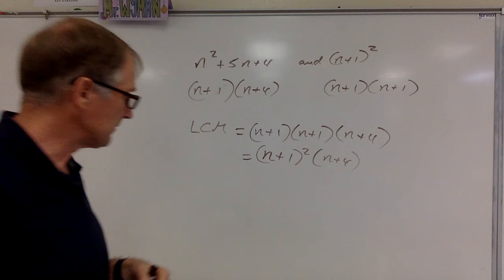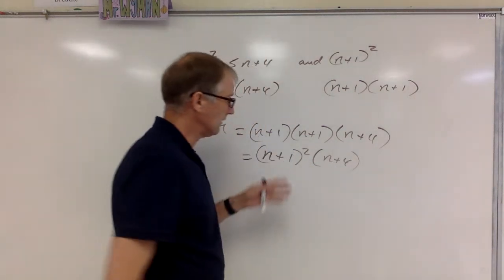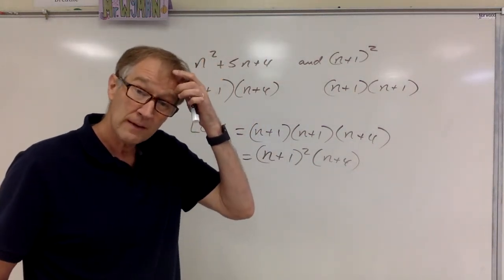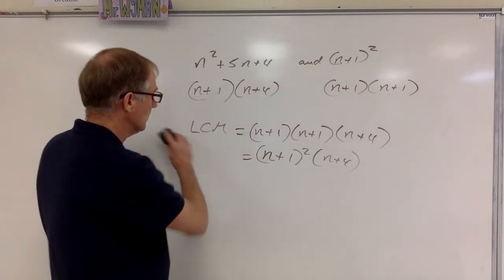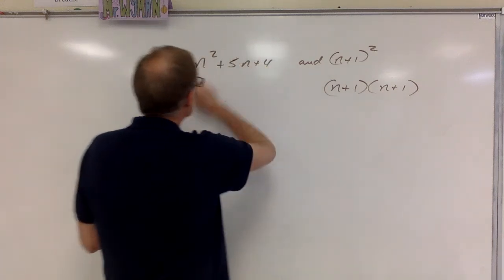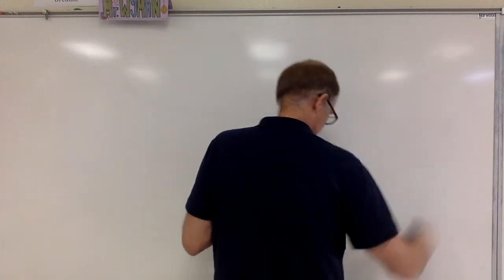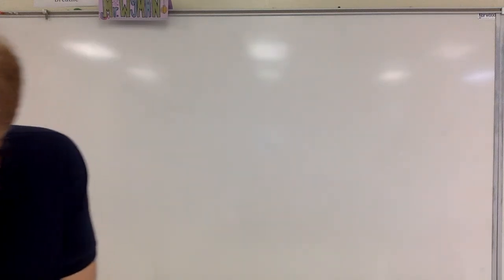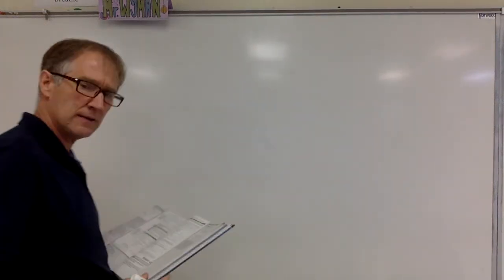Okay, here's where this comes into use. The LCM is the lowest common denominator. So let's look at this example on page 714.